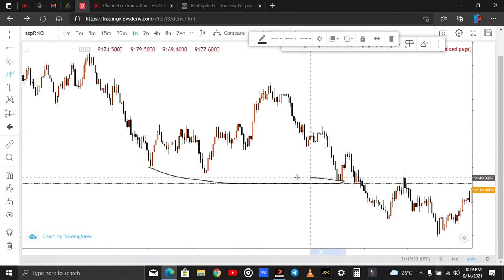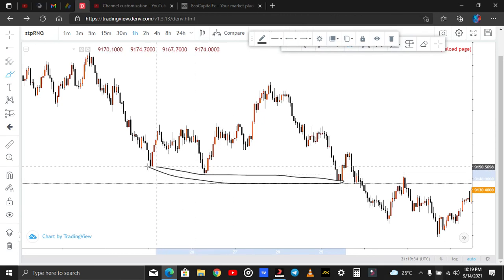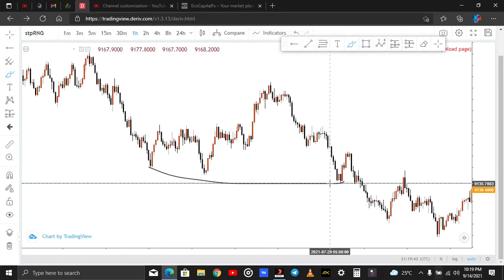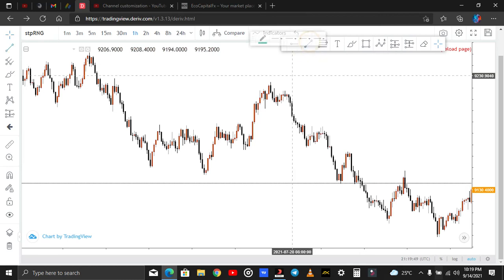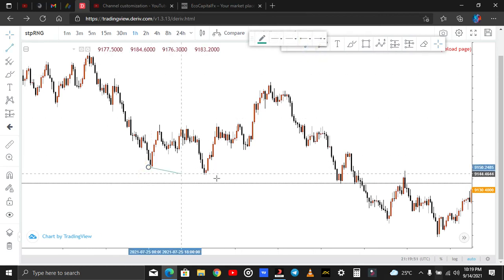From here to here, it could look like a very good trend. Don't mind this first trend line, just focus on this one. I know it's not perfect, it's not straight, but I'm just trying to give you an idea. Let me use this trend line too.